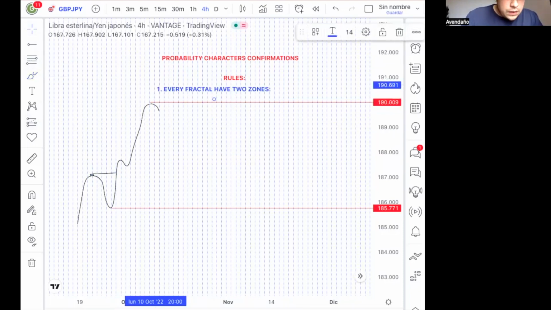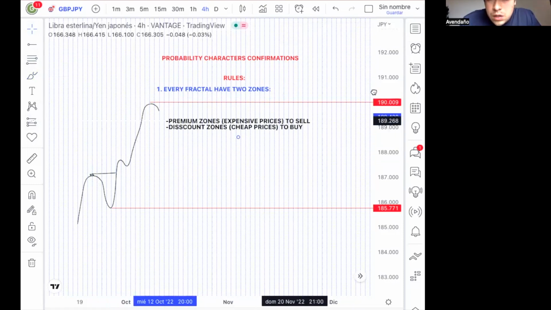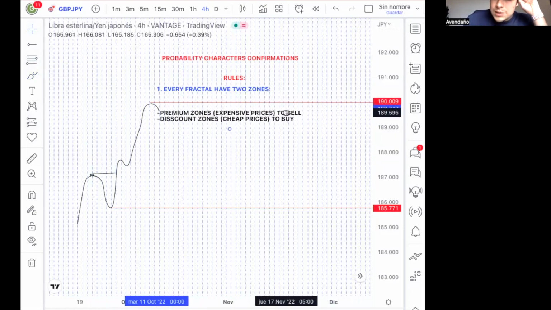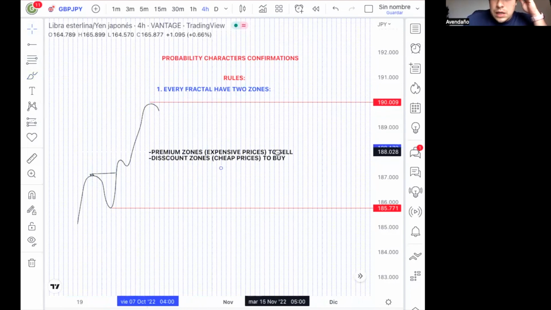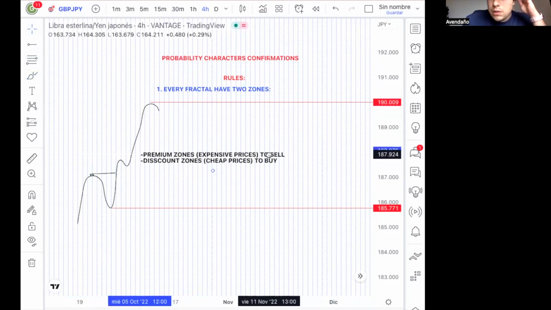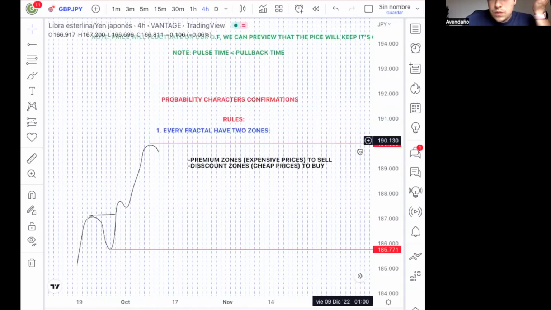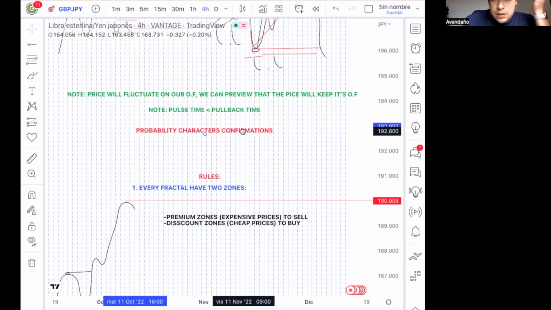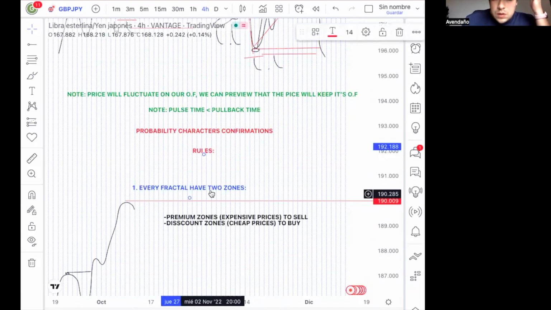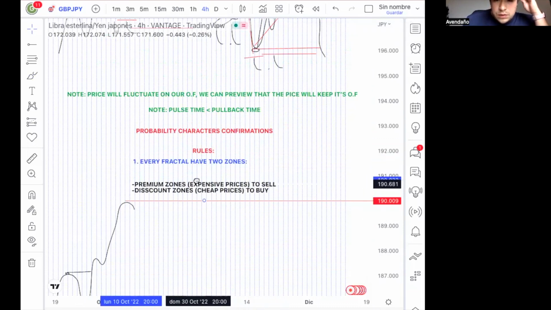We will have premium zones that are constituted by expensive prices, and we use them to sell. And we will also have discount zones that are constituted by cheap prices, and we use them to enter as a buy in the market.